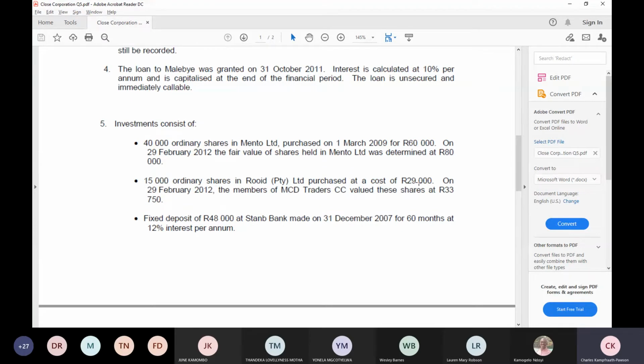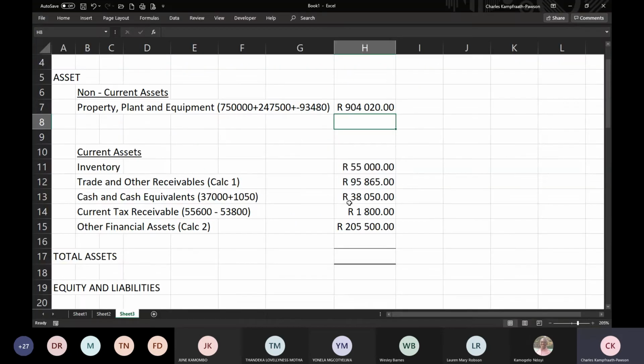So the 29,000 was the cost, and it's currently trading at 33,750. So financial assets, 33,750. Everybody happy?